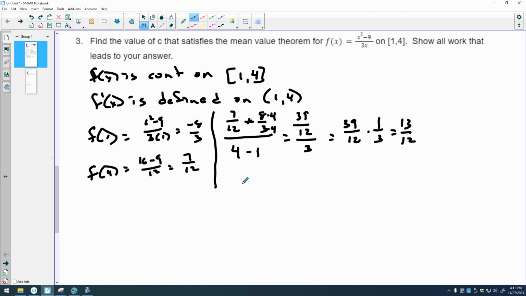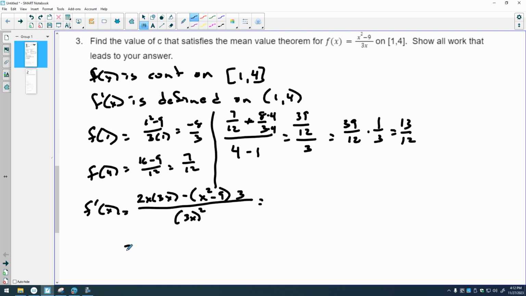Okay, so my average rate of change, now f prime: derivative of top, times the bottom, minus the top, times the derivative of the bottom, all over the bottom squared.